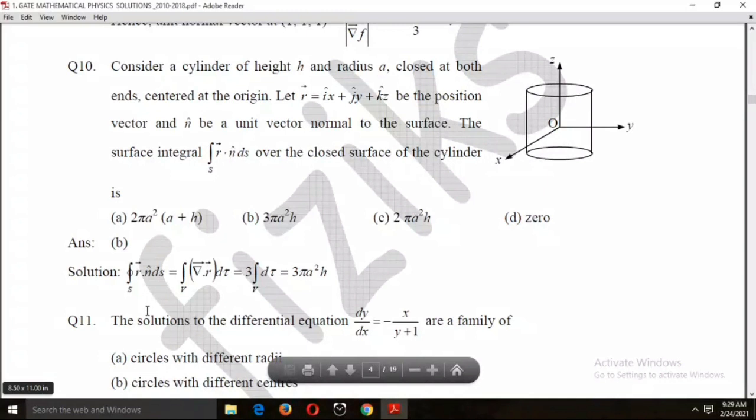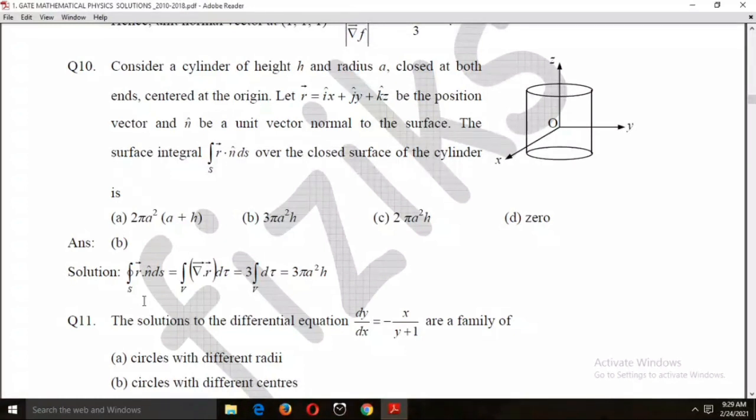Here we will use the Gauss divergence theorem, and it states that the surface integral is equal to the volume integral of the divergence of the vector. So the surface integral of r dot n dS equals the volume integral of del dot r dτ, and we know del dot r is 3, so 3 dτ, and the integral of dτ will be the volume of the cylinder, and that will be pi a square h.